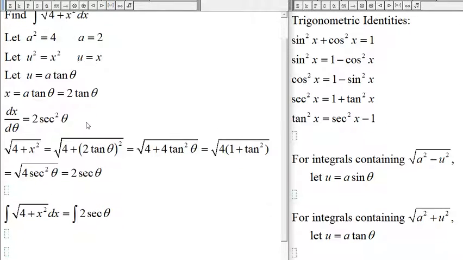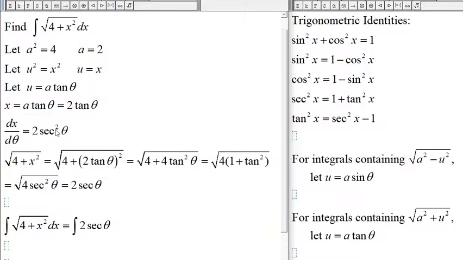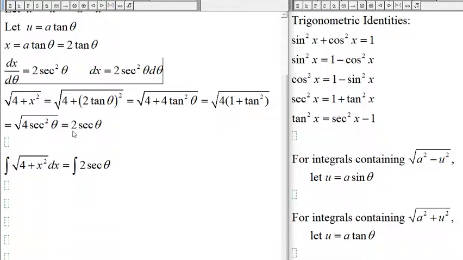And then dx, we worked out dx right here. So dx is 2 secant square theta d theta.